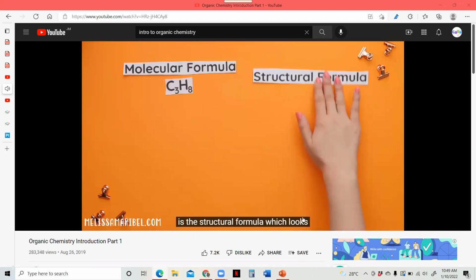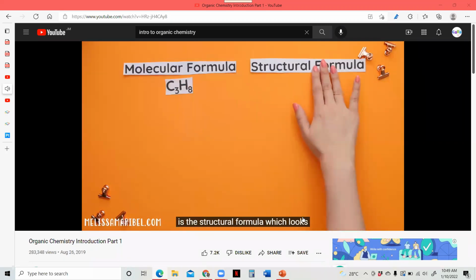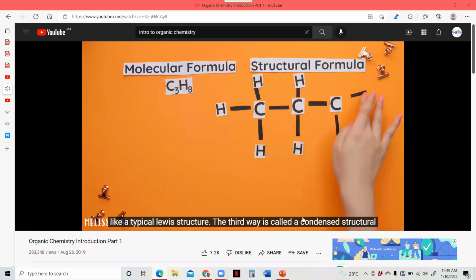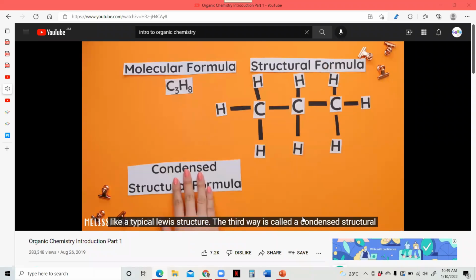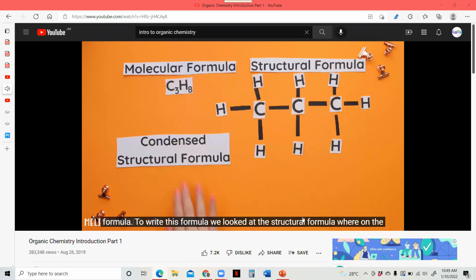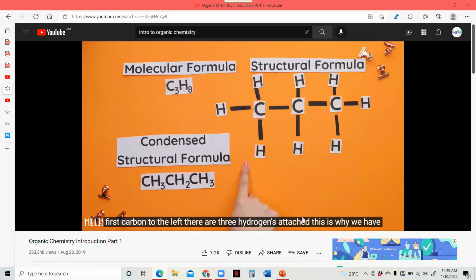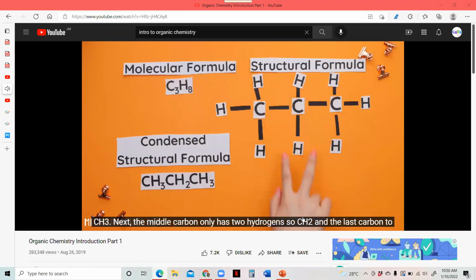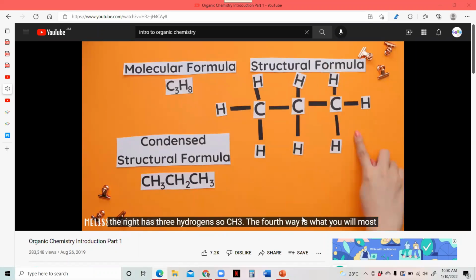The second way is the structural formula, which looks like a typical Lewis structure. The third way is called a condensed structural formula. To write this formula, we look at the structural formula where on the first carbon to the left, there are 3 hydrogens attached. This is why we have CH3. Next, the middle carbon only has 2 hydrogens, so CH2. And the last carbon to the right has 3 hydrogens, so CH3.